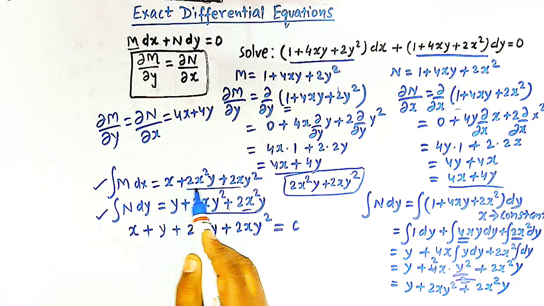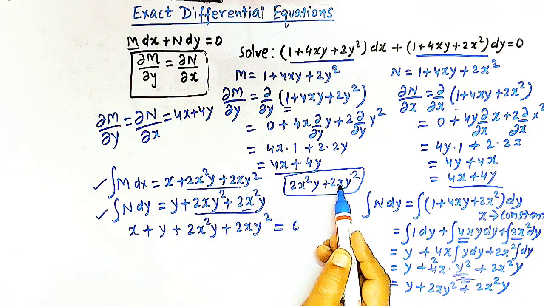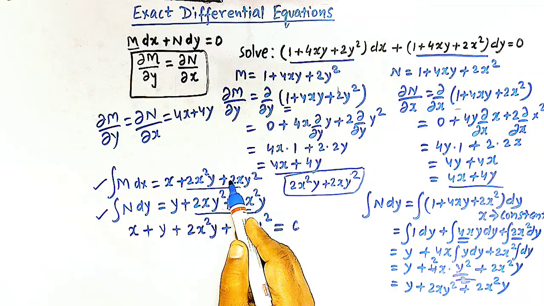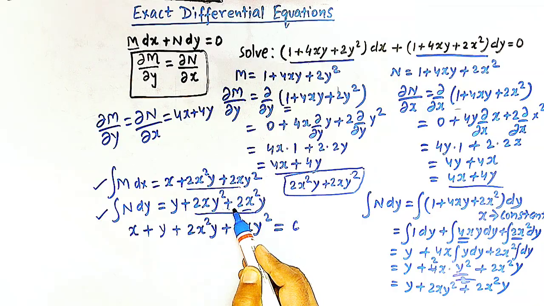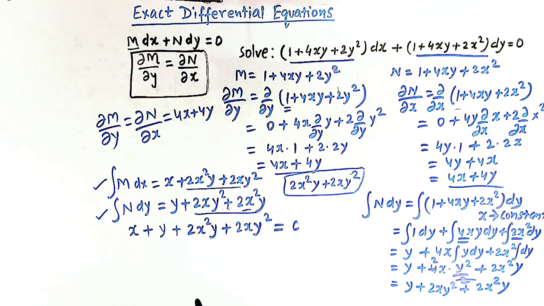Here we see that 2x square y plus 2xy square is repeating in both expressions, so we retain this term only once. So we have x plus y plus 2x square y plus 2xy square equal to c, which is the required solution.